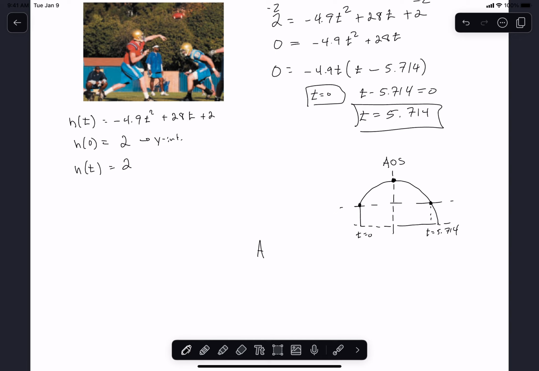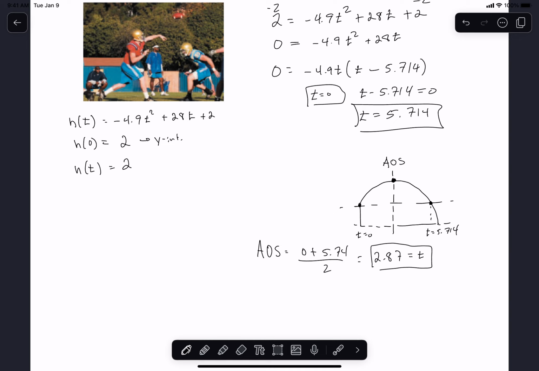We take our two t values, add them together and divide by 2, right? So we get 0 plus 5.74 divided by 2. Half of 5.74 is 2.87, which is going to equal t.